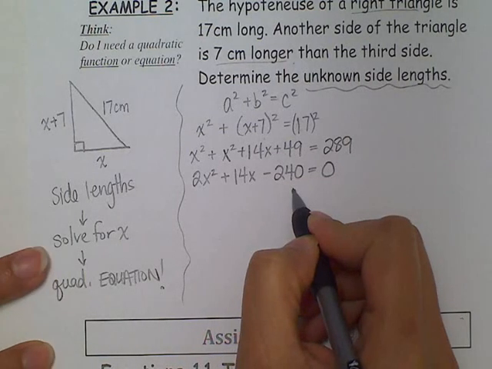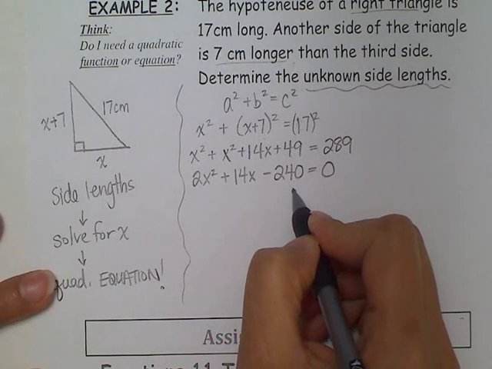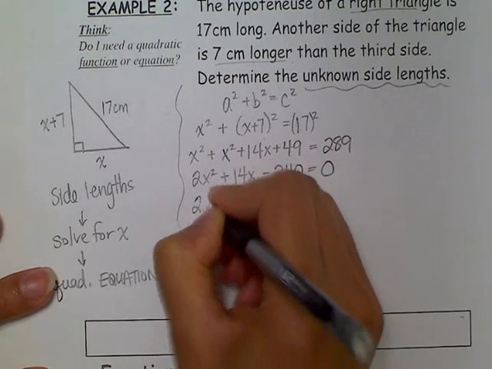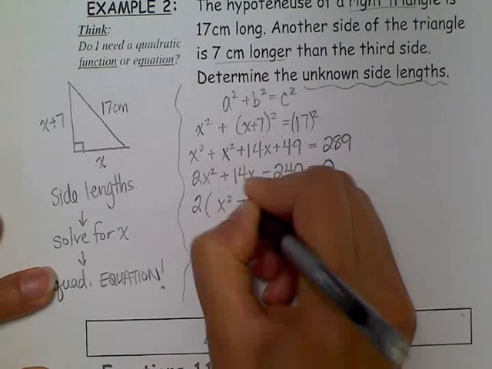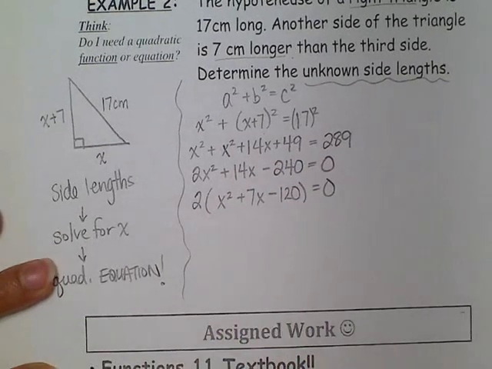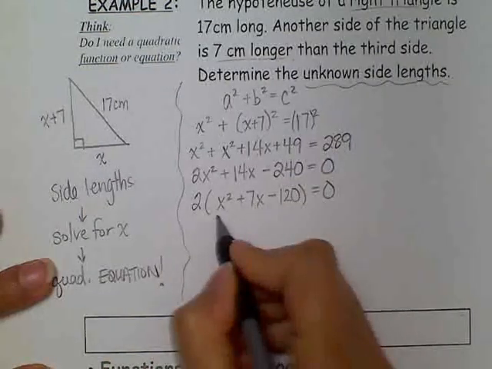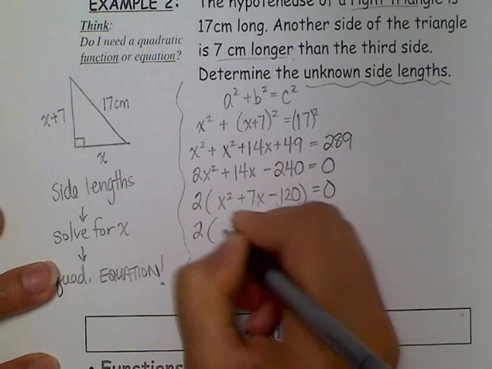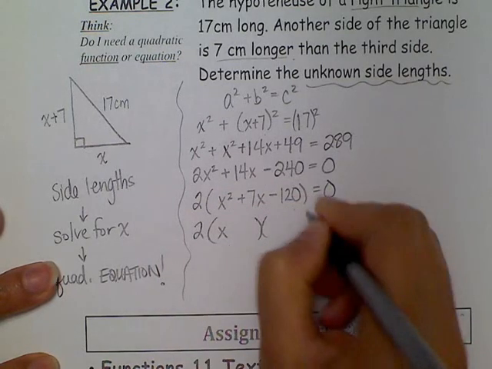And now what I'm going to do is try to solve this by factoring first, and then if it's not factorable, the other way I know how to solve an equation is to use a quadratic formula. So this will give me 2 times (x squared plus 7x minus 120) equals 0. And so if I look at what I have inside the brackets now, this is a simple trinomial, and I know I can factor this.